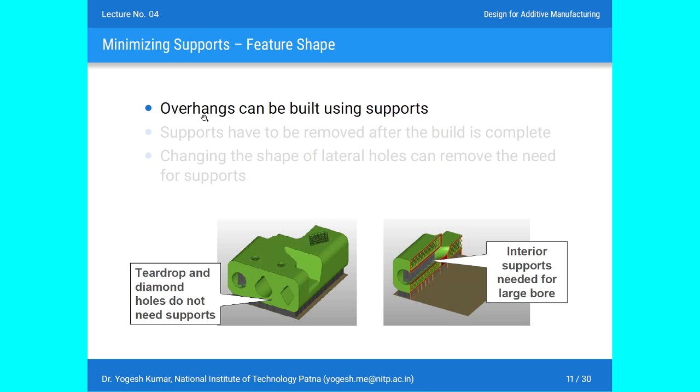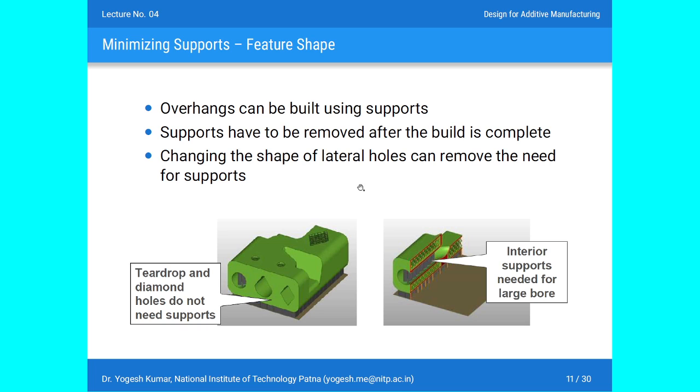The overhang can be built using supports. Supports have to be removed after your build is completed. This will not only increase your cost, but also the post processing requirement, in order to remove your support.